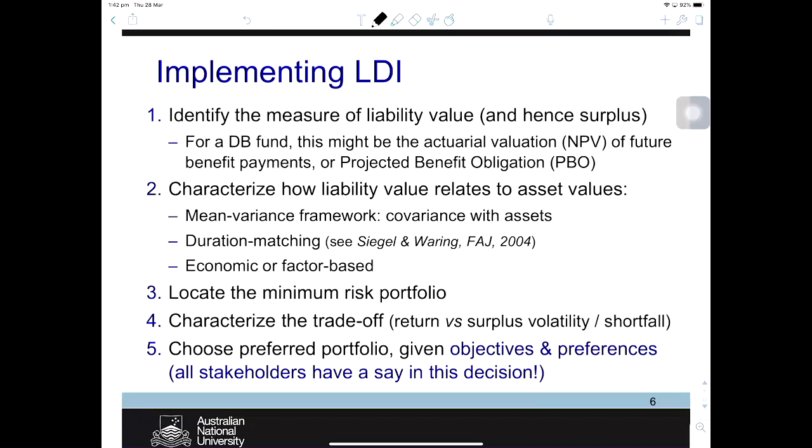They're going to include inflation-linked bonds in their fixed income portfolio because inflation-linked bonds have two durations, real interest rate duration and inflation duration. So inflation-linked bonds provide a better match for DB funds to satisfy the liability of the projected benefits payment.